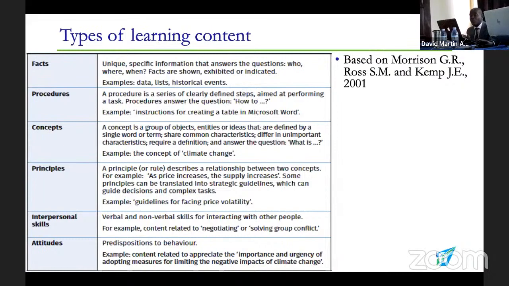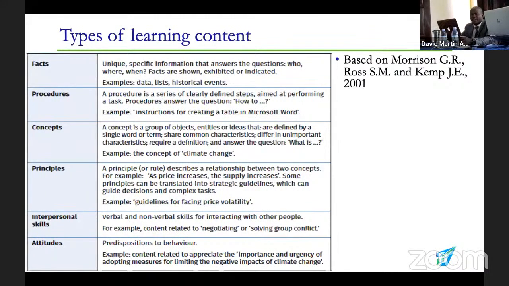For example, when we talk about facts and you want to avail them to the students, what examples can we use? This could be a set of data that you want them to utilize to understand a certain concept. It could be some historical event, but these are facts.